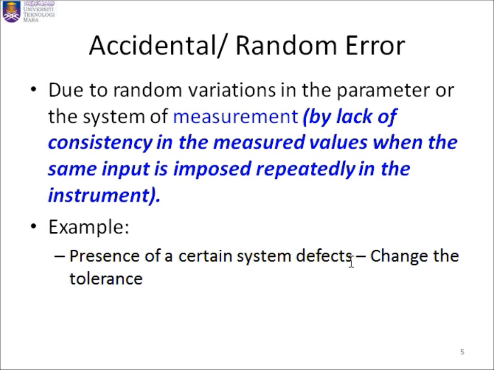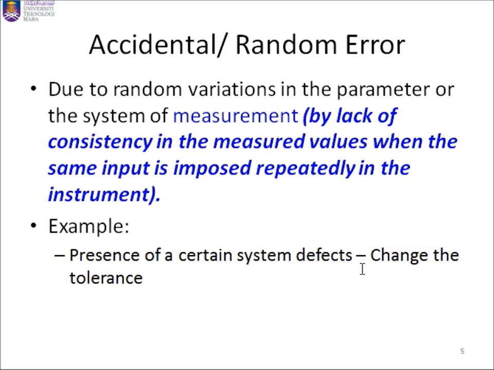So what about accidental or random error? It is due to random variation in the parameter or the system of measurement, by lack of consistency in the measured value when the same input is imposed repeatedly in the instrument. For example is the presence of a certain system defect and change in tolerance.